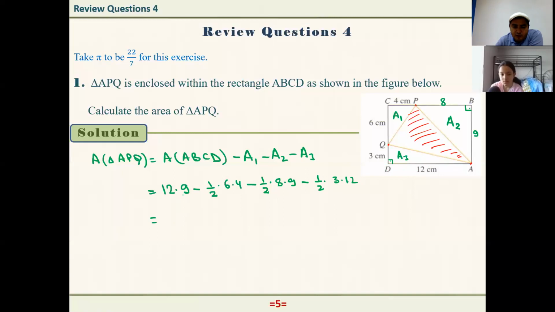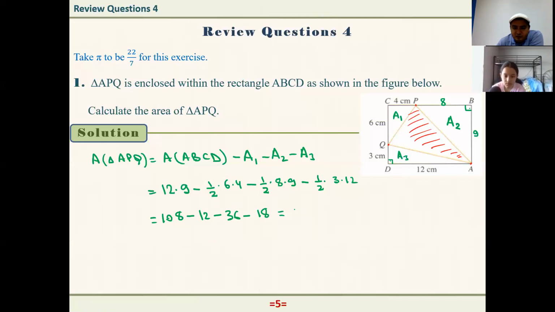12 times 9. What is 12 times 9? 108. Good. Minus 6 times 4, 24, divided by 2, 12. Minus 1 over 2 times 8 times 9, that is 36. Minus 12 over 2... 6 times 3, that is 18, right?